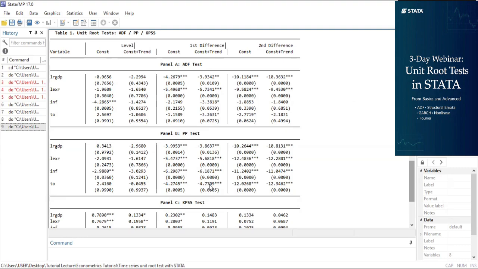Some papers will present both constant and trend. You hardly see economic series with no constant and no trend. Series that can have that specification are series like output gap, interest rate spread, returns, oil price returns. Those are the series that can have zero mean value.